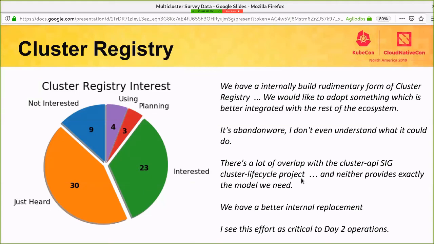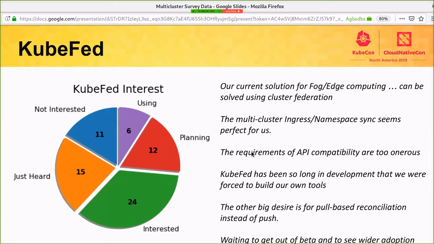Kubefed has a much higher rate of usership based on these responses. We have more using and more planning. The text comments that I got from people, both from the people who are using it and the people who are specifically not using it, gave me the impression that a lot more people had actually directly evaluated V2 Federation.